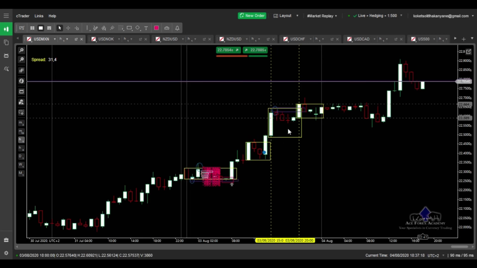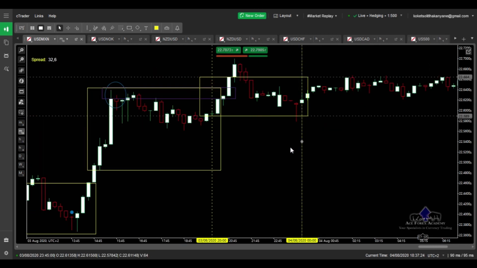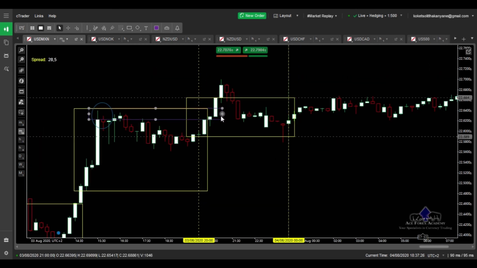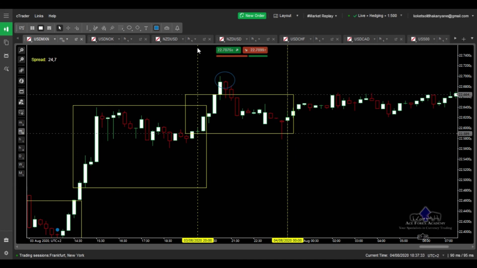Let's move on to our next zone, which is this final zone that we have before the market close, right? And let's have a look and clear up the charts. Same as always, start on your left before going to your right hand side. We have the formation of a swing high.